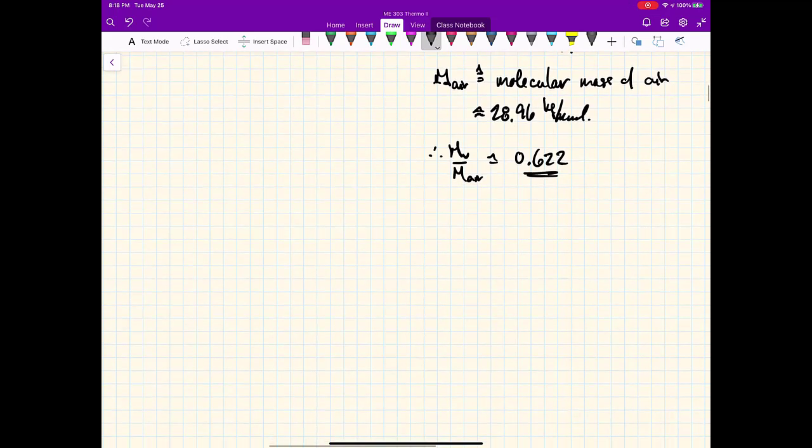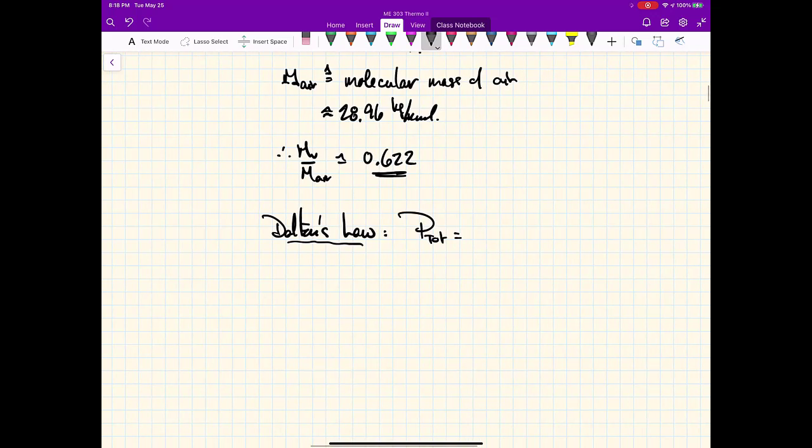Finally, if we apply Dalton's law to this mixture of ideal gases, what we've got is that the total pressure of that mixture, or P, I could call it P mixture, is equal to the partial pressure of the air in the mixture plus the partial pressure of the vapor in the mixture, which therefore means that the partial pressure of the air alone is equal to the total pressure, which is what you'd measure with a barometer if you were present there trying to quantify that mixture, minus the vapor pressure of the water in the mixture as well.